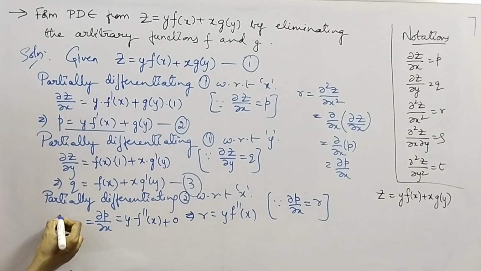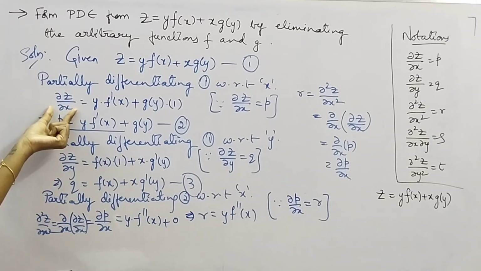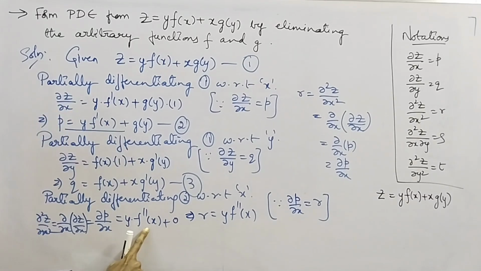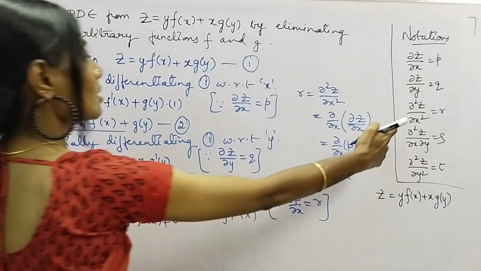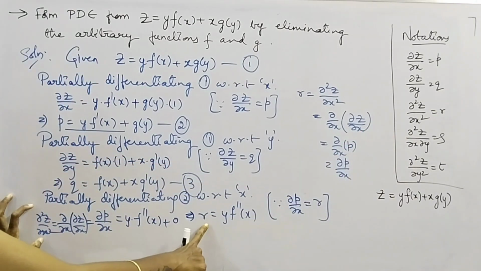Or we can write this as dou by dou x of dou z by dou x, or dou square z by dou x square, which is nothing but partially differentiating this term with respect to x. Dou square z by dou x square equals y into f double dash of x. We know that dou square z by dou x square is r, so we'll replace it by r.